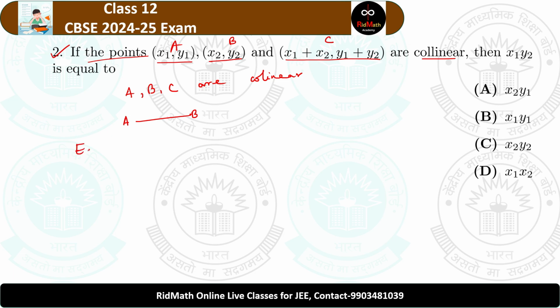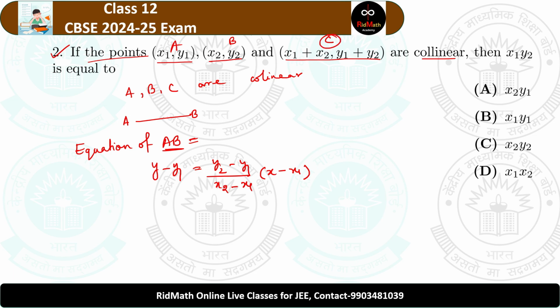The equation of AB is y minus y1 equal to (y2 minus y1) divided by (x2 minus x1) into (x minus x1). Now this is the equation of AB, and we will put the point C in this equation and it will satisfy, because these three are collinear.